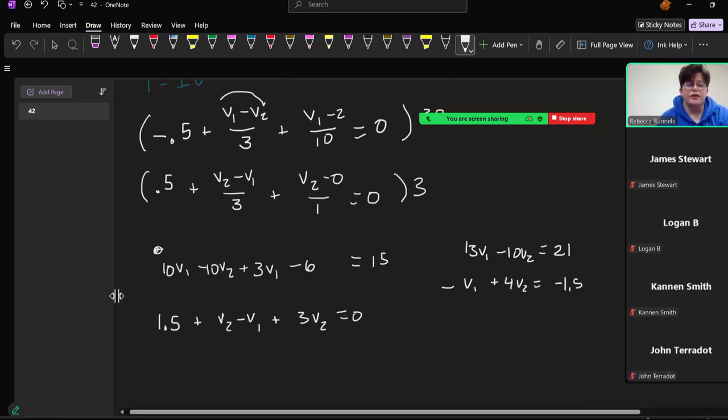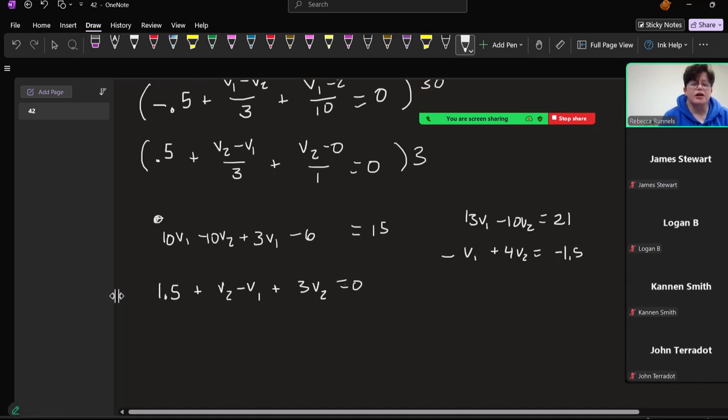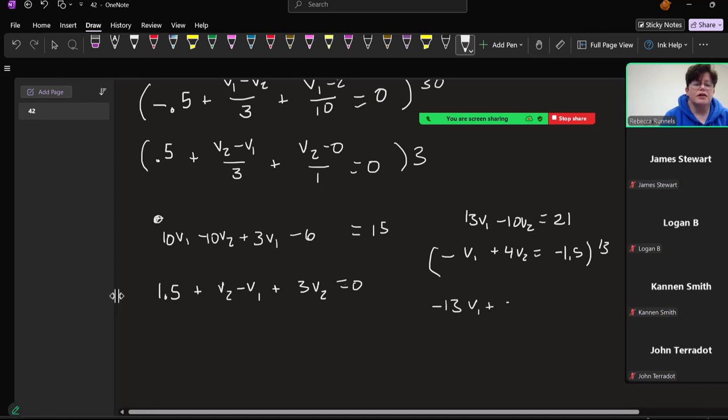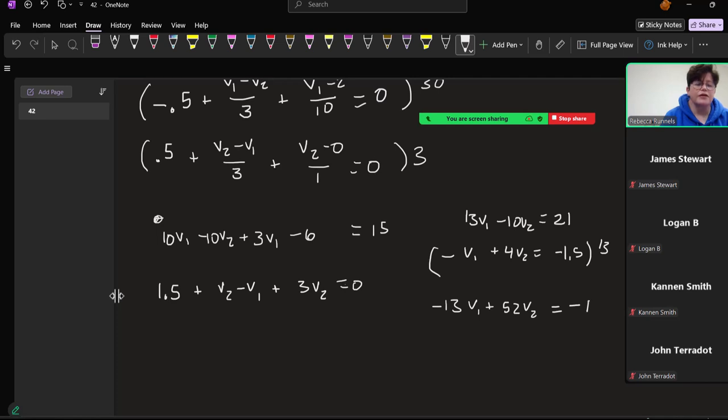And then if I multiply the bottom equation by 13, I get negative 13V1 plus 52V2 equals negative 19.5.